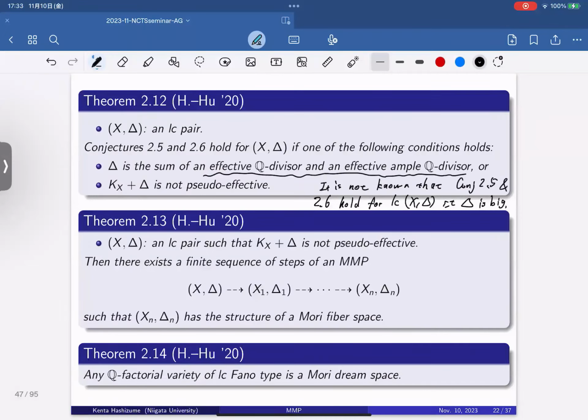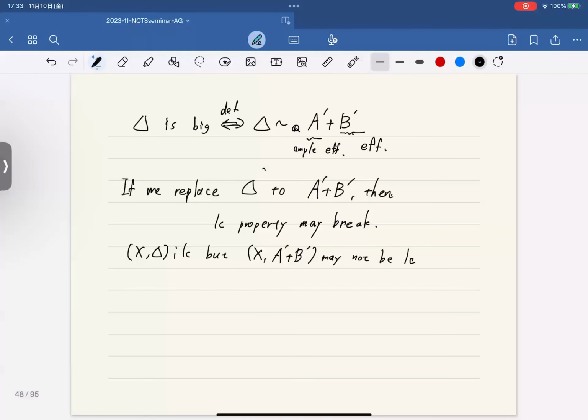In my result, we need this condition plus the log canonical property.